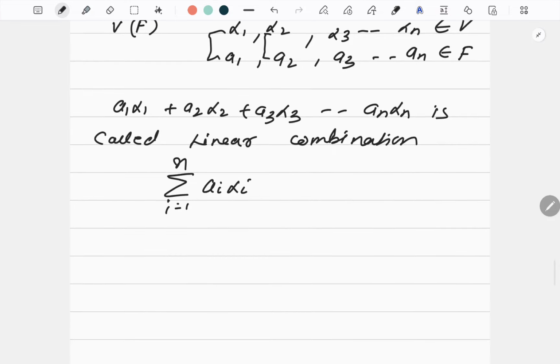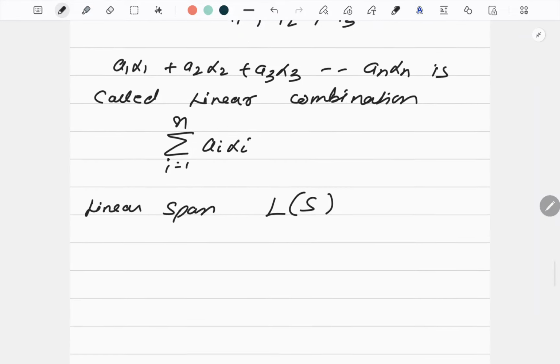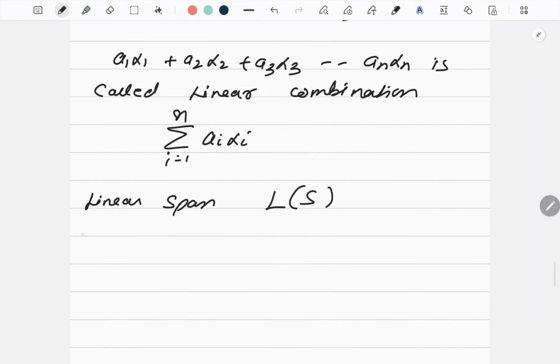Now, understand what is linear span. Linear span is represented as L(S). Now, how can I define linear span?